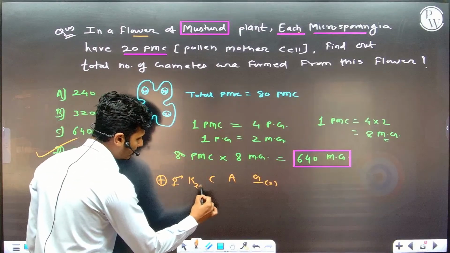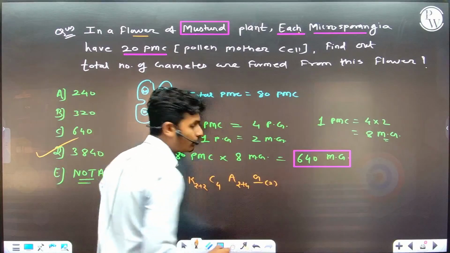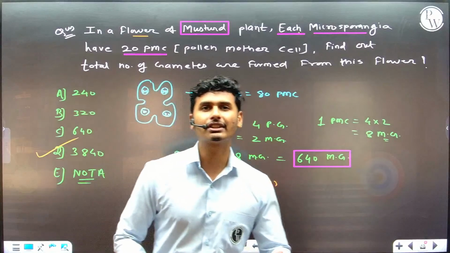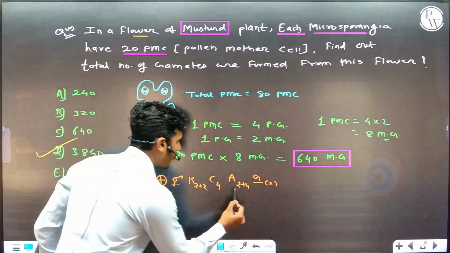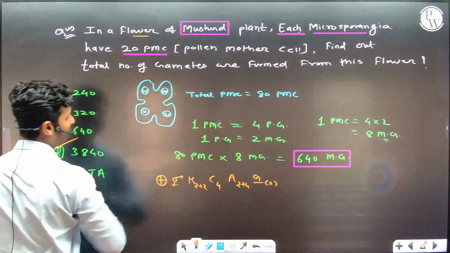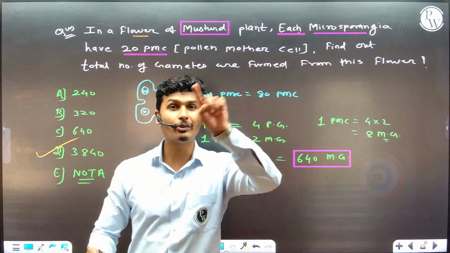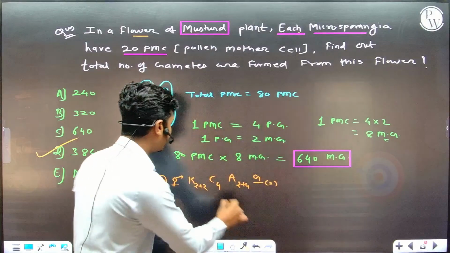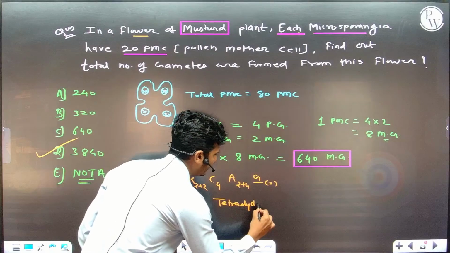Calyx is 2 plus 2, corolla is 4, androecium is 2 plus 4. 2 plus 4 is called the tetradynamous condition. Means how many anthers does each flower have? 2 plus 4 means 6 anthers. This condition is known as tetradynamous.